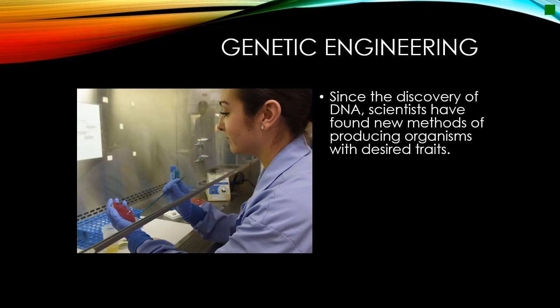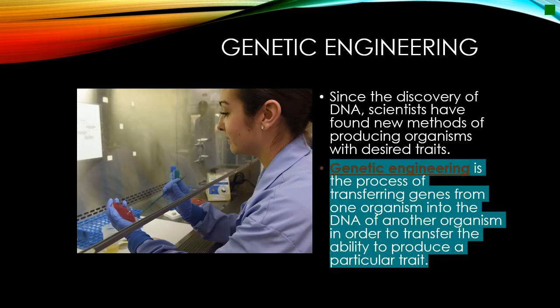Now we are no longer limited by the same species, because we can take genes from one organism and insert them into the DNA of another organism in order to transfer whatever ability that gene had, whatever protein was being made by it, whatever production of a pigment, or maybe a viral spike protein or something like that. Genetic engineering allows us to do that.